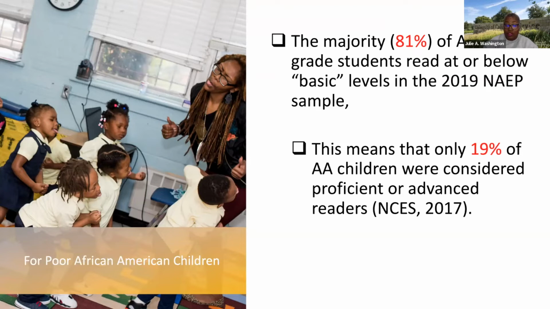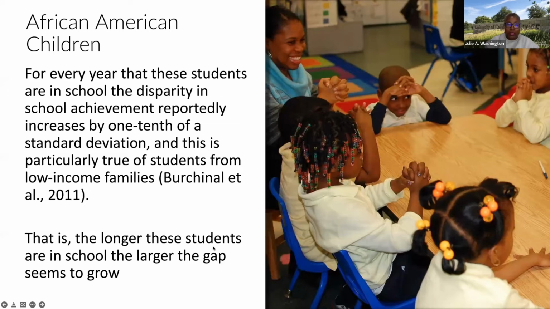There are a couple of studies that talk about the fact that African-American children who are middle income are reading at similar levels as white children who are low income. So this is not just a poverty issue, although we see that it is more chronic and significant in children growing up in poverty.